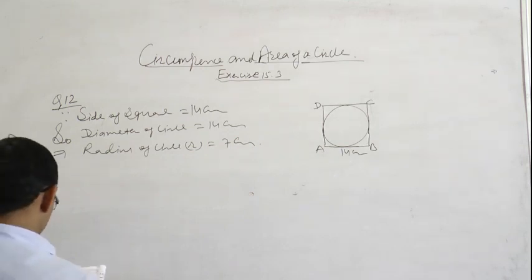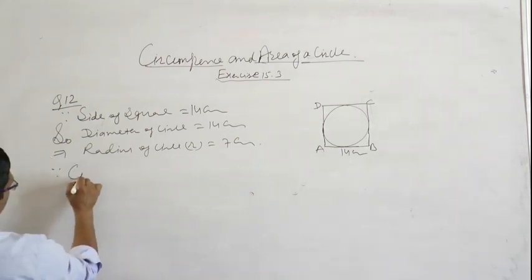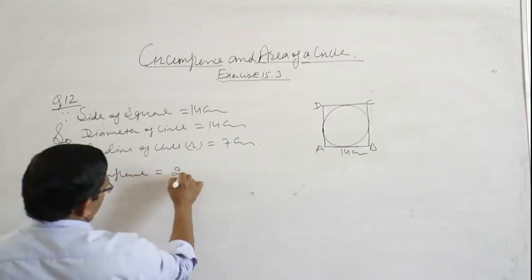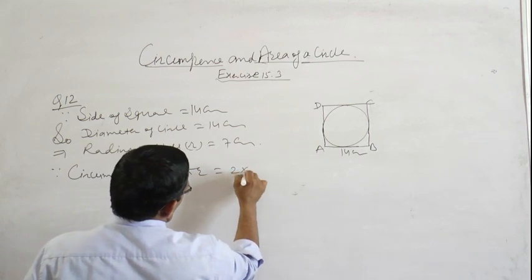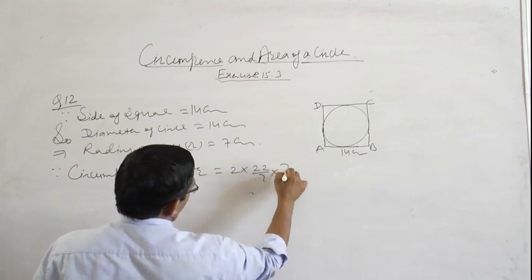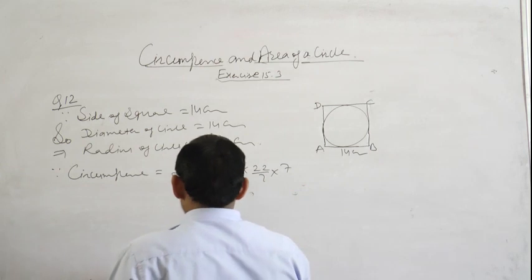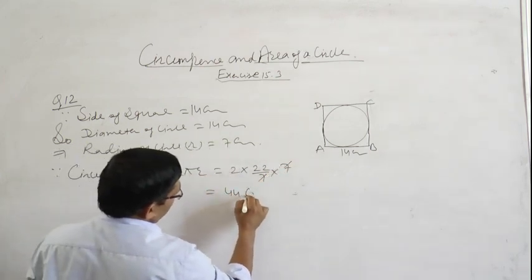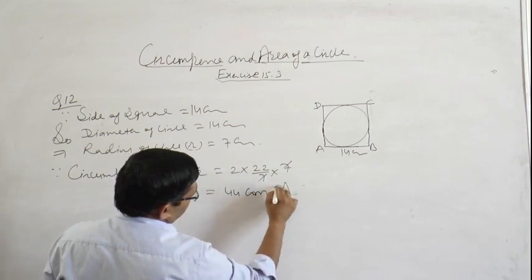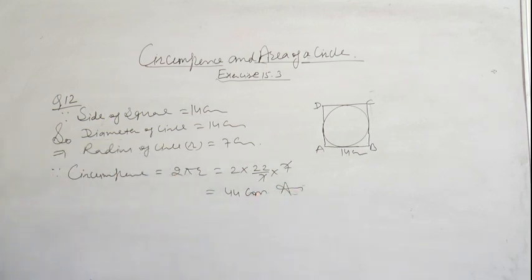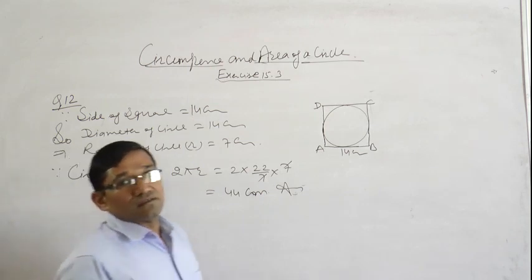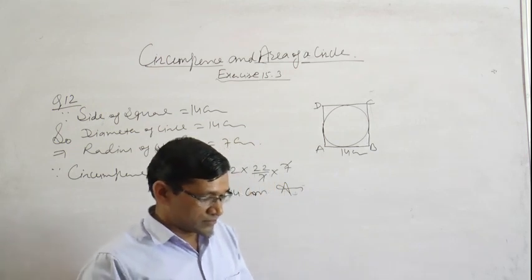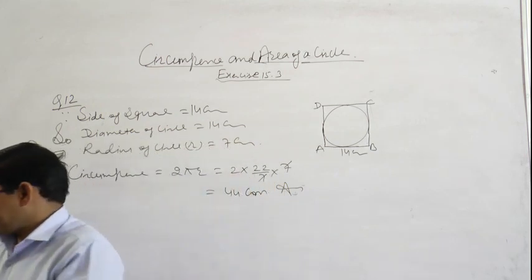We want to find out circumference, because circumference of circle is 2 pi r, equal to 2 into 22 upon 7 into 7, 7 cancelled by 7, 22 into 2 is 44 centimeter. This is the circumference of circle, 44 centimeter, it means option B is right.